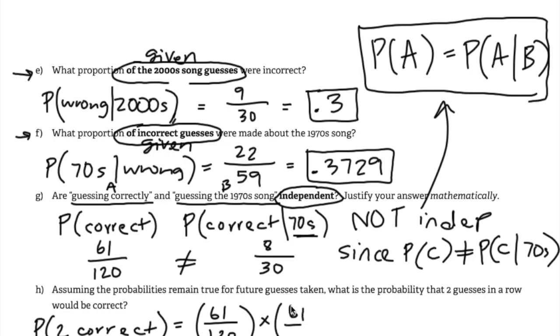I'm just going to multiply 61 out of 120. Remember, we only multiply when we know the two things are independent, and since they told us on this one to assume that the future guesses have the same probability, we're assuming they're independent. So if I multiply those, 0.2584 is our proportion.